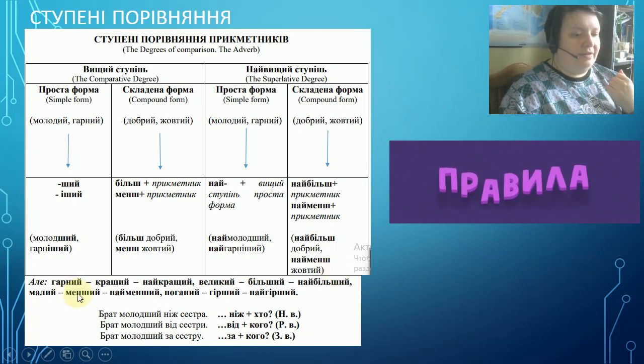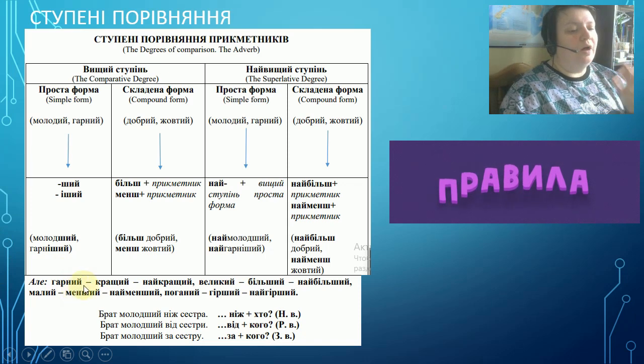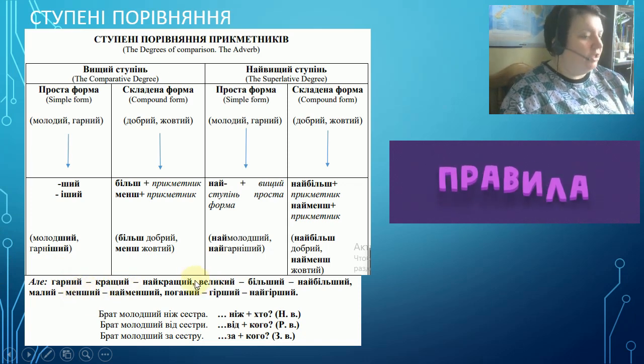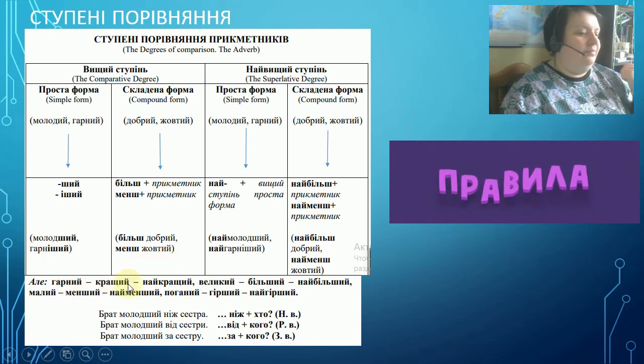And there are some exceptions. Гарний, nice, beautiful, we can use кращий, найкращий, so it can change. Nice is the nicest, but it changes.